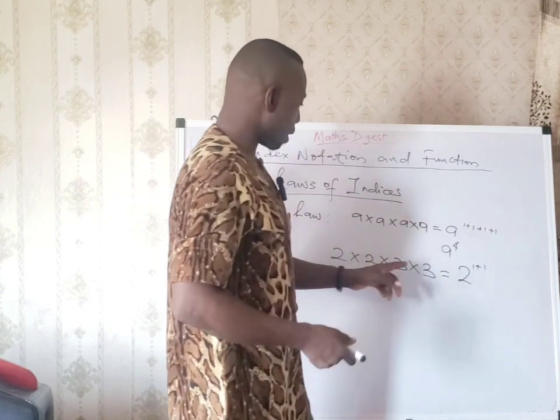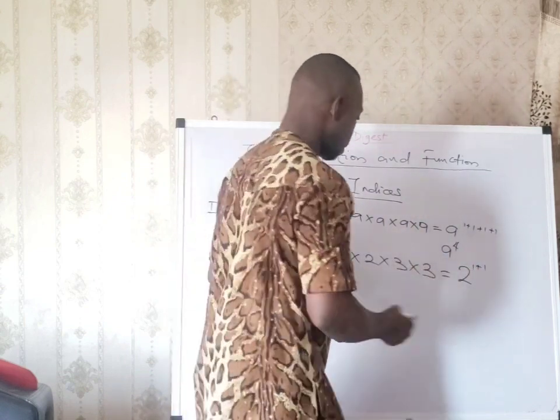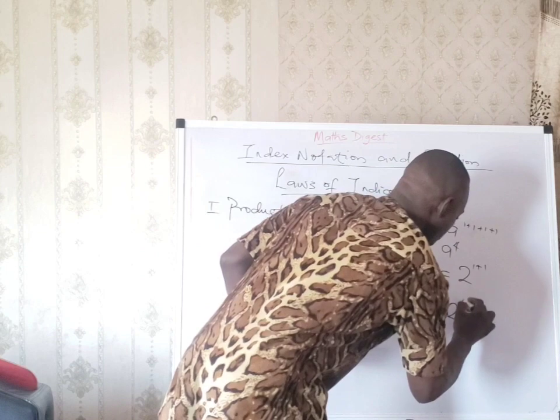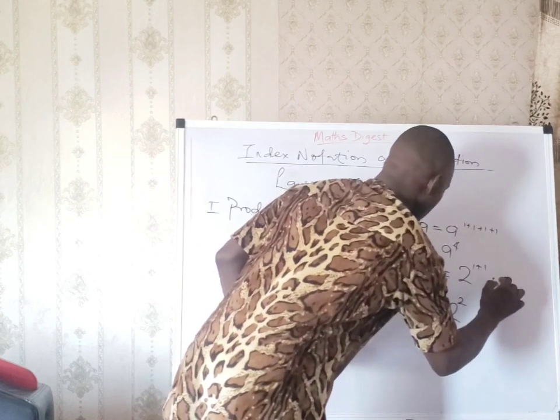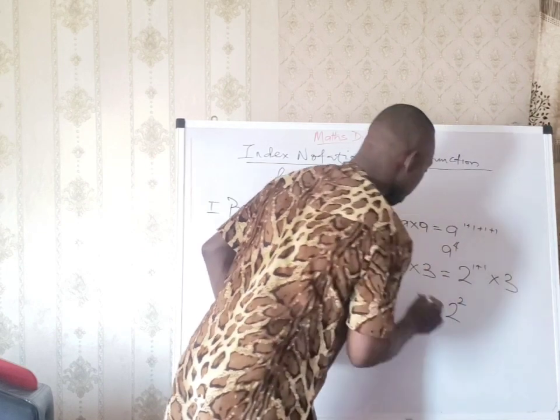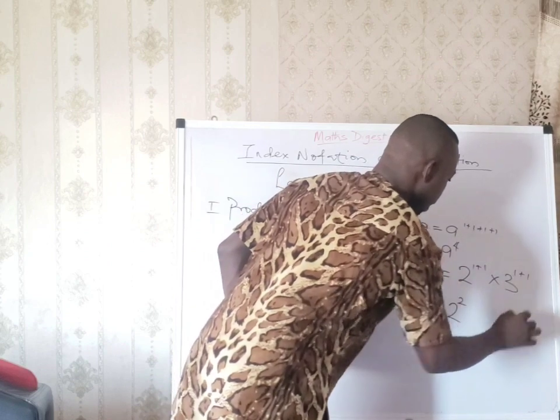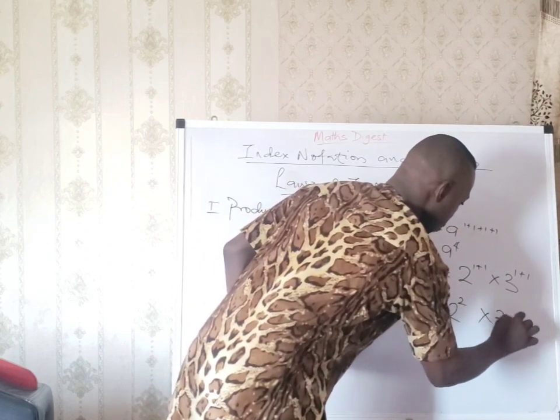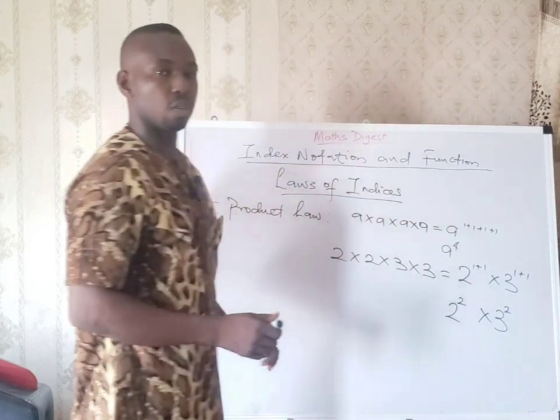So adding the two together, we have 2. This will give us 2 raised to power 2, and the other one is 3 raised to power 1 plus 1, which will still give you 3 raised to power 2.